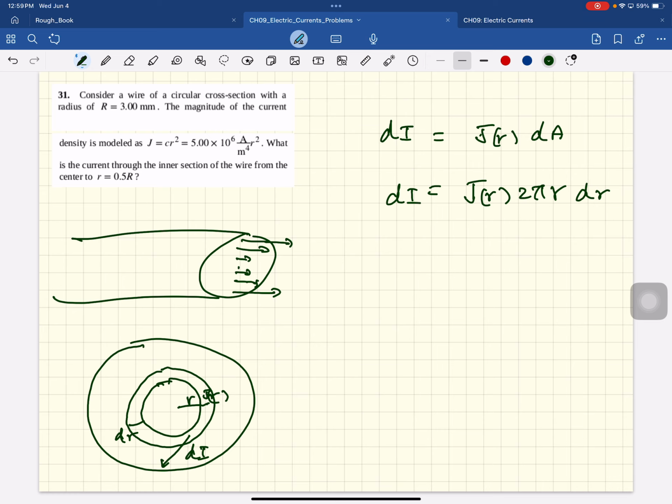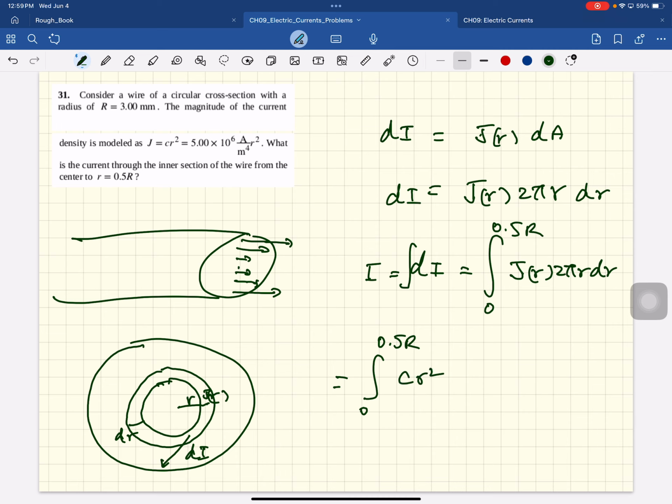Okay, we want to find the current through all those little rings, going from R equal to 0 to 0.5 R. R cubed, so that's R cubed, so R to the power 4.